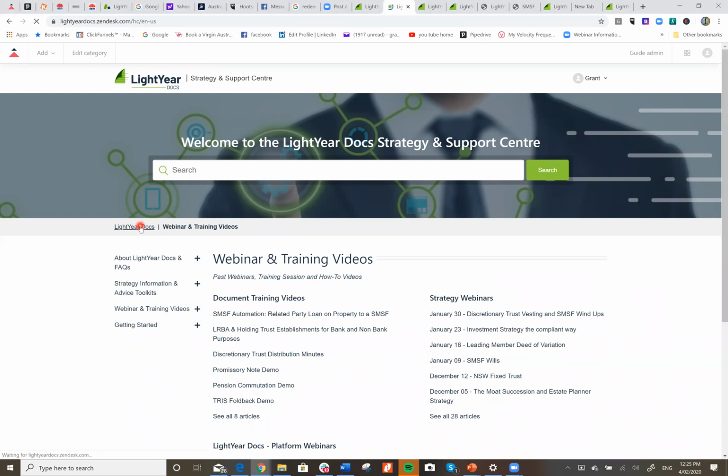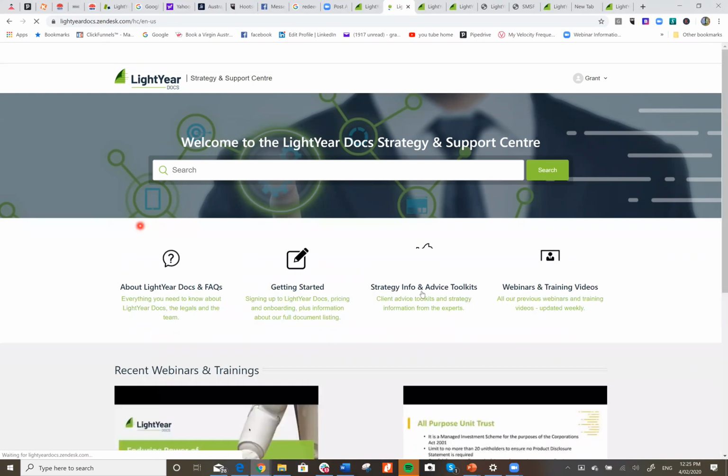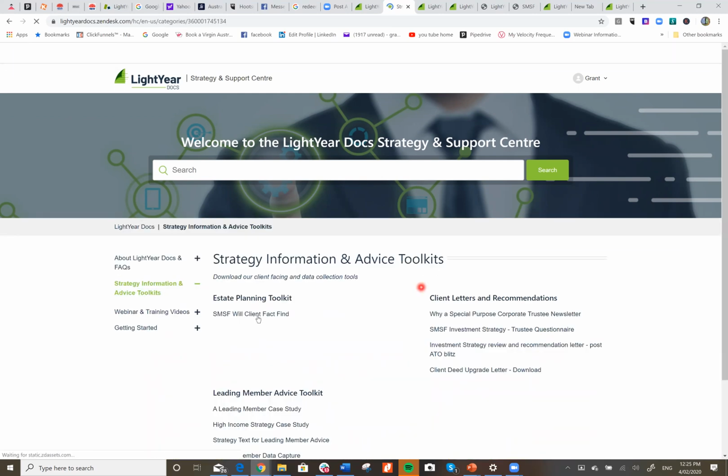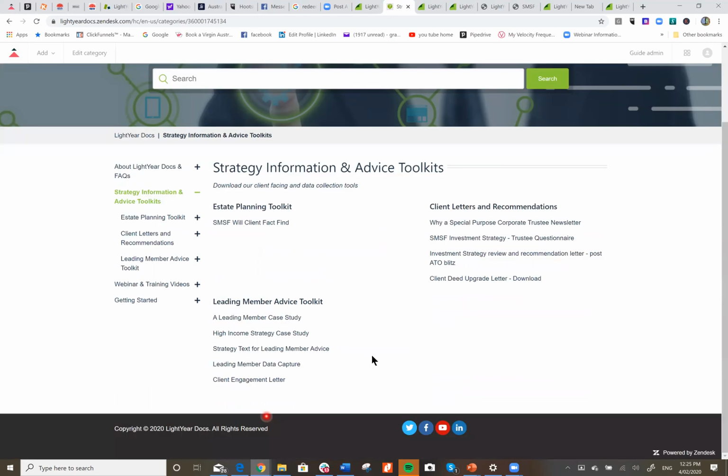I've got my little button, strategy info and advice toolkits. You'll see there's the SMSF Will Client Fact Find, a whole lot of stuff for leading members, the SMSF Investment Strategy Trustee Questionnaire, and also the review and recommendation letter. They're just in document form, so go in, send them out, and then you can punch them through on our site.